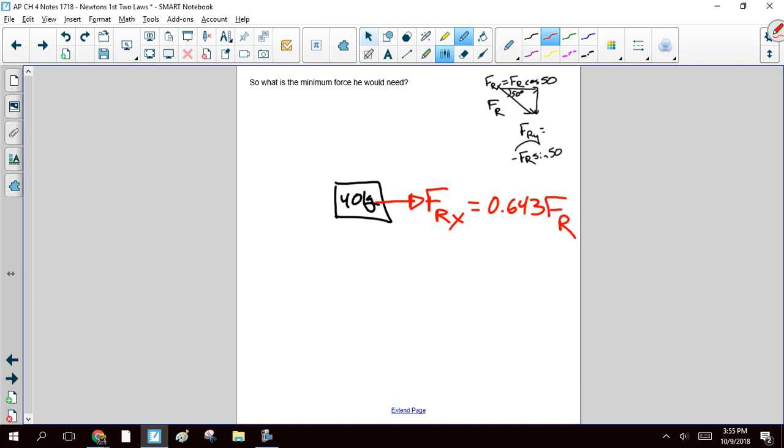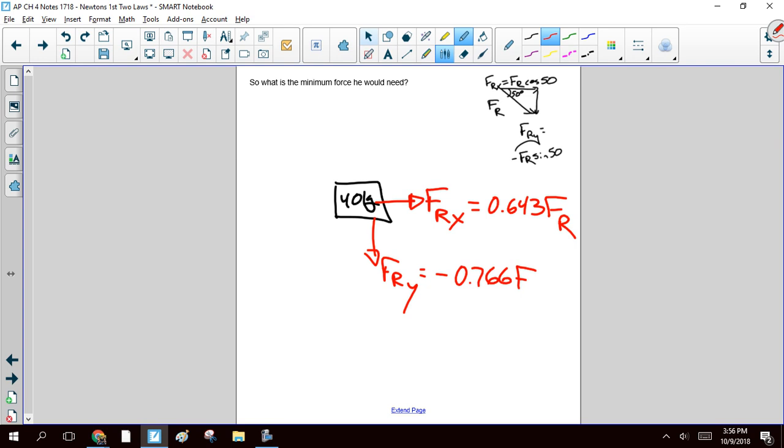Roy is also pushing vertically with a force of negative force of Roy times the sine of 50. So just grab the calculator and find the sine of 50. So you get 0.766, negative 0.766 F.